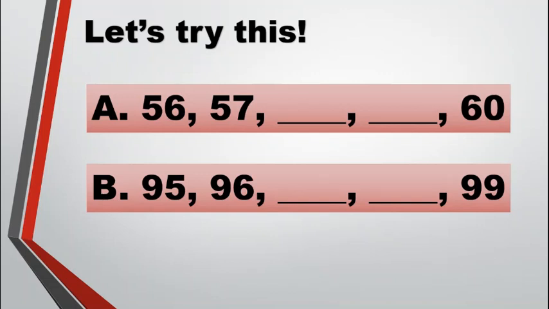Time is up. I guess everybody is done answering letters A and B, the higher-order thinking skill of finding the missing number. We'll start with letter A. We have 56, 57. What would be the next of 57? Very good. That is 58, 59, 60. Did you get the correct answer?